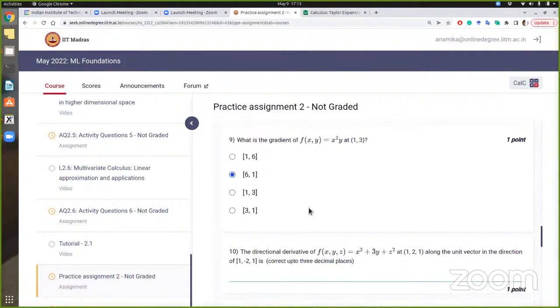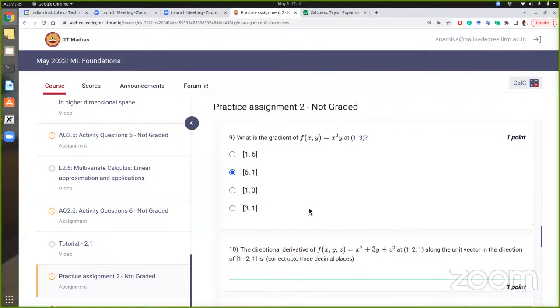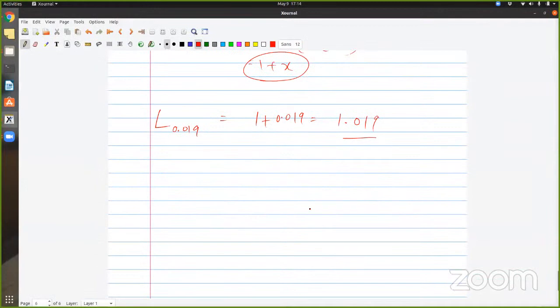Okay. What are directional derivatives? Did you go through the lectures? Last two parts. Vector divided by its absolute value. Not completely.